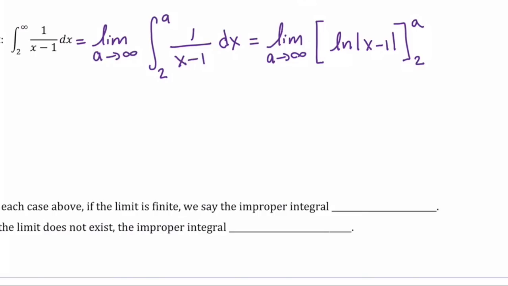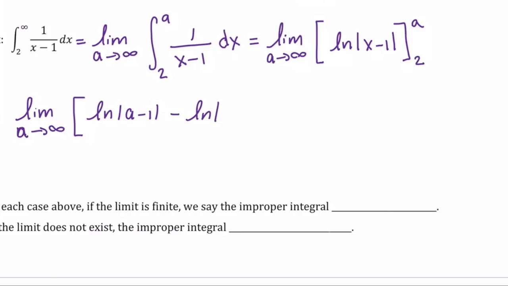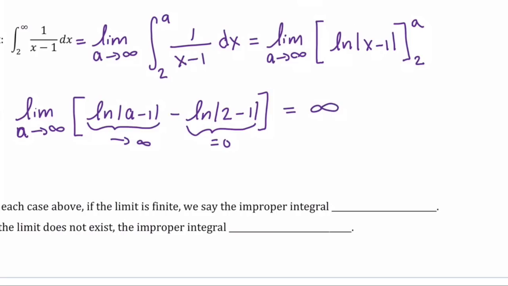If we substitute in our limits of integration, we get the limit, as a goes to infinity of the quantity ln of the absolute value of a minus 1 minus ln of the absolute value of 2 minus 1. This becomes ln of 1, which is equal to 0. As we let a go to infinity here, this also goes to infinity. So we get infinity.